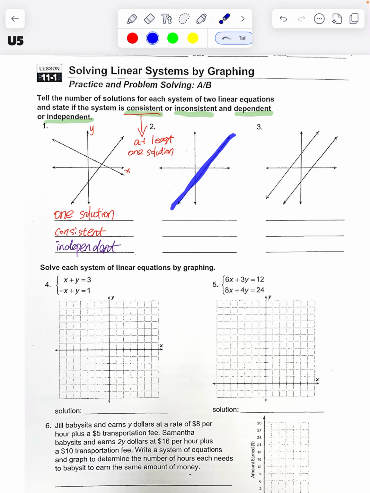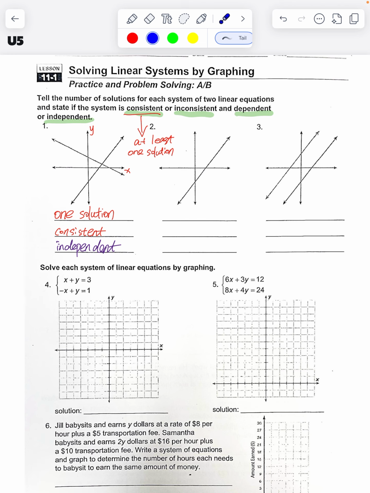But in fact, when we tell you this is a system, that means we have two equations. Even though the two equations may look different, they are equivalent. That means if you rearrange the equation, these two different equations become exactly the same one after you simplify.